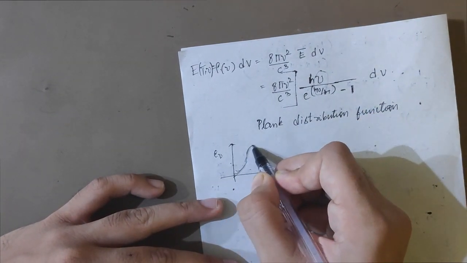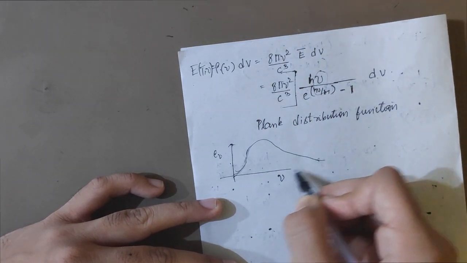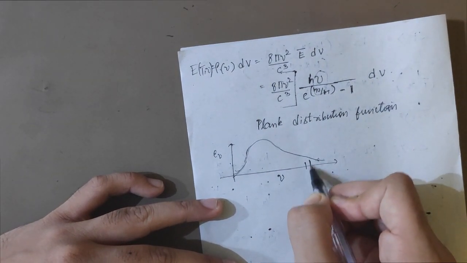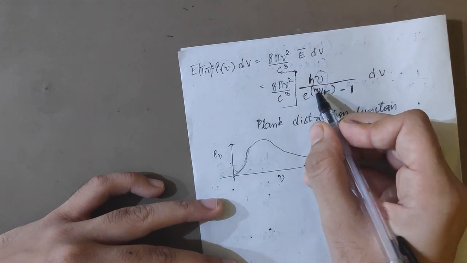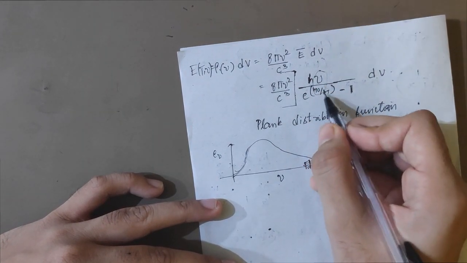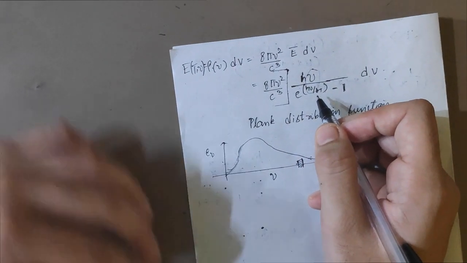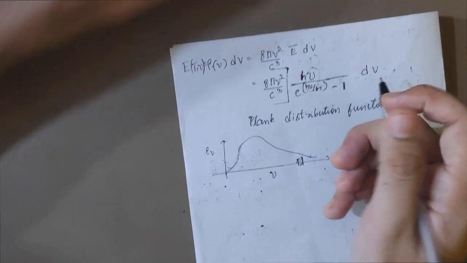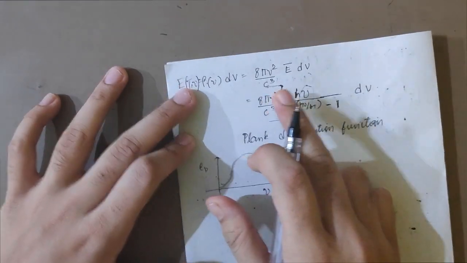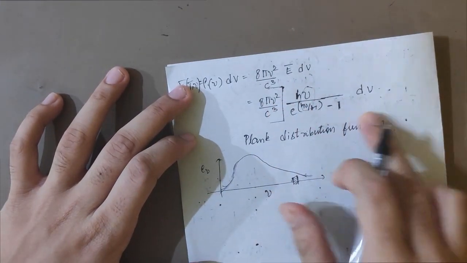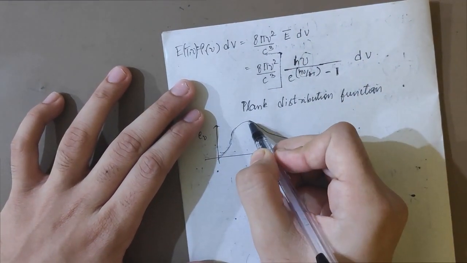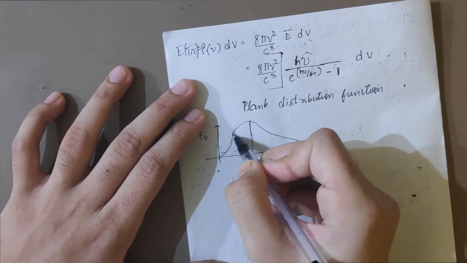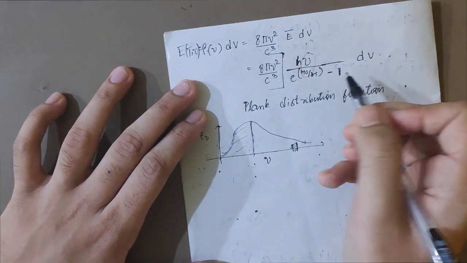So you have an increase, then a decrease. At higher values of mu, the exponential function drastically reduces this value, right? So Planck's equation is a combination of an increasing function and a decreasing function, giving a maxima in the middle.